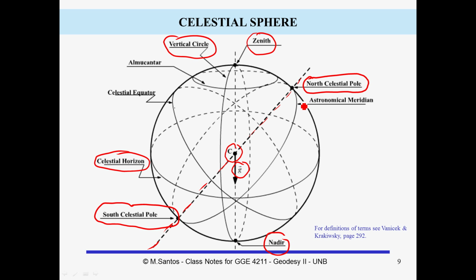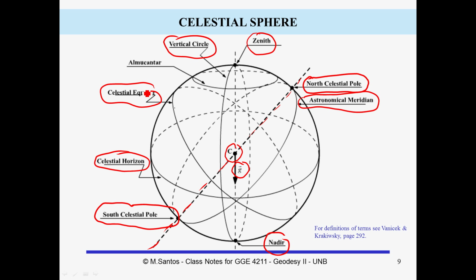The great circle that contains the north and the south celestial poles is known as the astronomical meridian. Now we have a great circle that is perpendicular to the astronomical meridian, and that forms the equator, in this case the celestial equator.